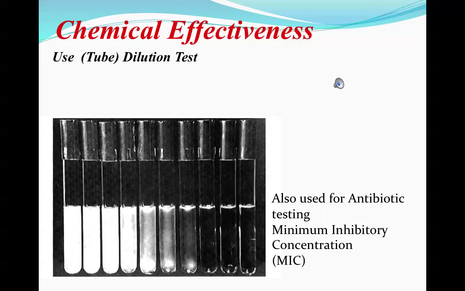But we go one step beyond just the visual observation of no growth, and we actually confirm that there's no growth. We would call that the minimum bactericidal concentration, or MBC. So with MBC, we've gone one step further and confirmed absolutely no growth of the bacteria in the test tube with our chemical of interest.